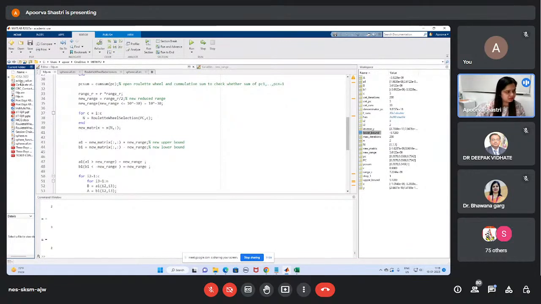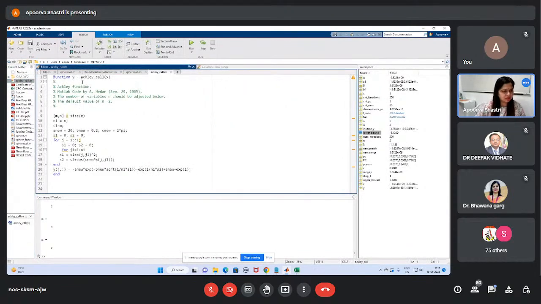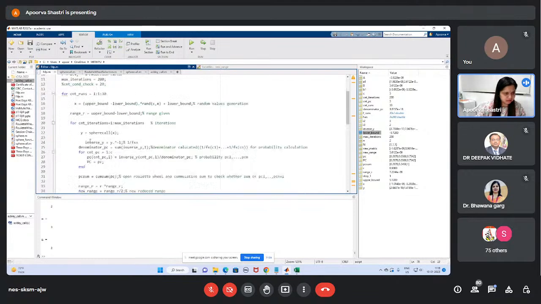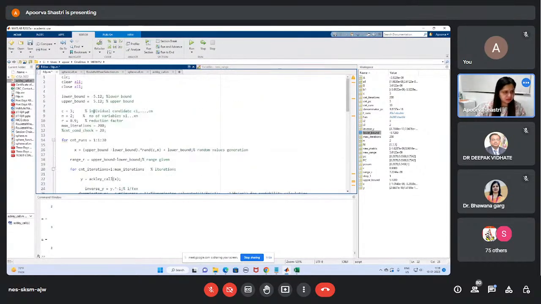The name is, let me check the function, Ackley call. So we just have to copy it and write it in place of sphere call. And we will change the values to minus 32 point. Just a second, the screen hung over here. Just give me a second.